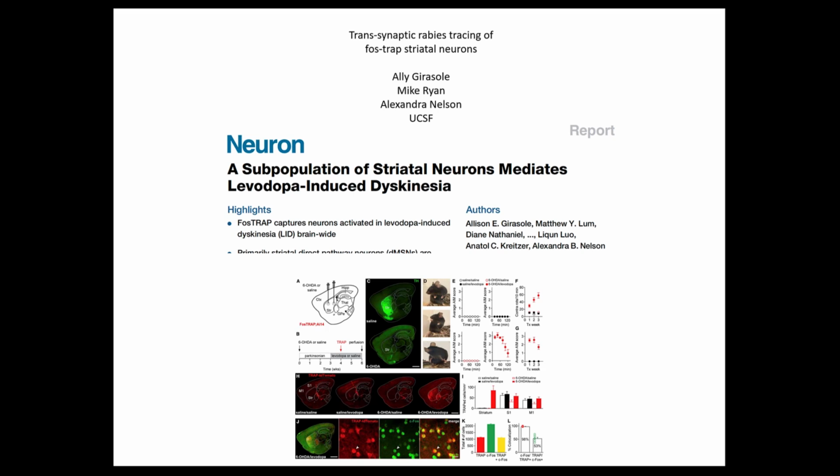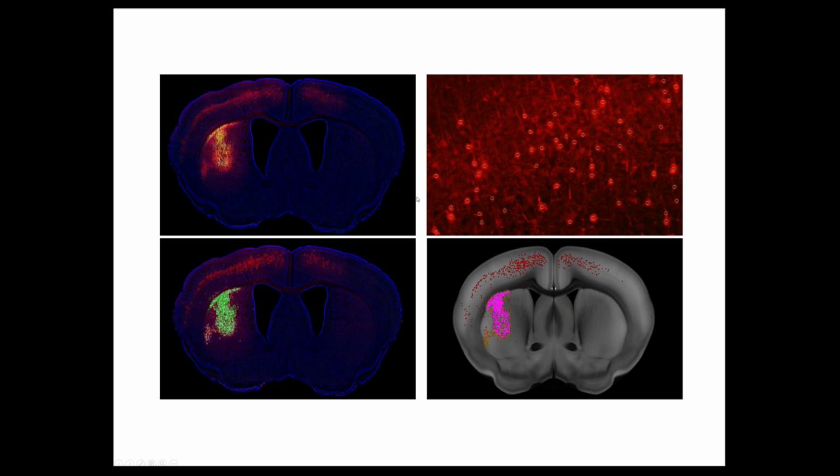The study that I want to show will use cases from their study in which rabies virus was injected into the striatum, and retrogradely labeled neurons that express the D1 receptor. And so it transsynaptically labeled the neurons that project from the cortex into the striatum to D1 neurons.